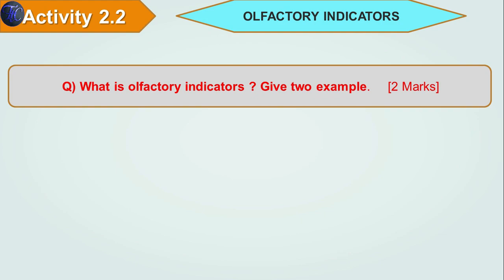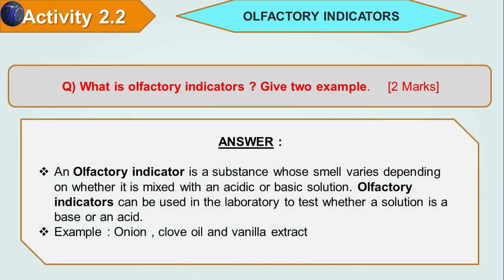So the very first question that arises in our mind is: what are olfactory indicators? Give two examples. This is also an important question which can be asked in your examination for 2 marks. An olfactory indicator is a substance whose smell varies depending on whether it is mixed with an acidic or a basic solution.